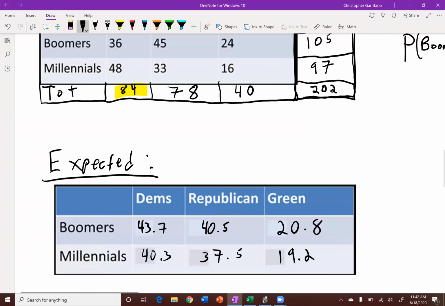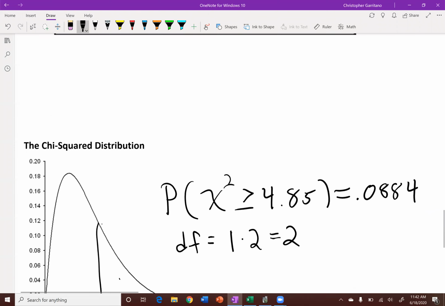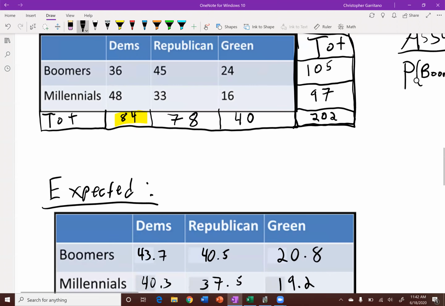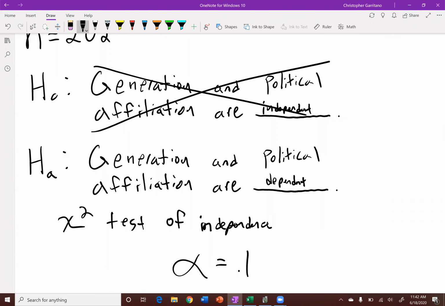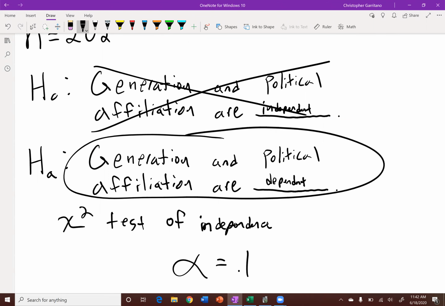So in this case, our p-value is less than alpha, so we would reject H null. And we have evidence to support the claim that generation and political affiliation are dependent.